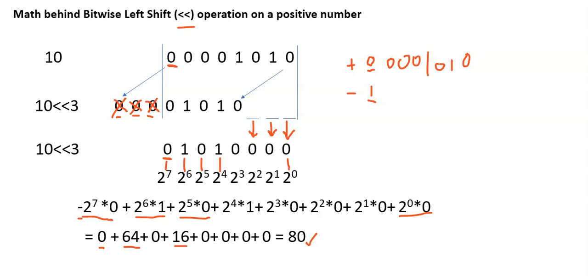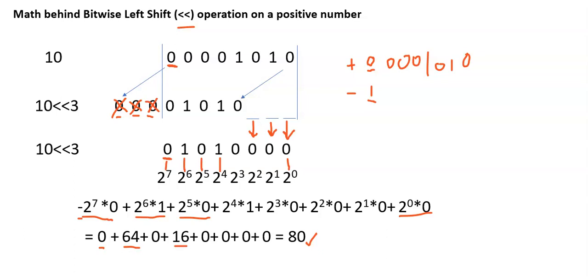Whenever we are performing left shift operation, there are 2 problems that we may encounter. One is the sign value might change. The second problem is if the values exceed the register size, then we may get incorrect values. In both cases, we get incorrect values. That means a positive number may turn into a negative number, or a negative number may turn into a positive number.